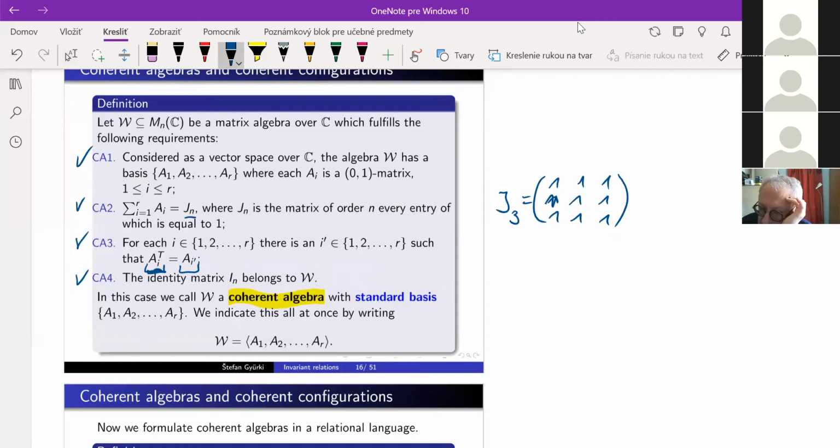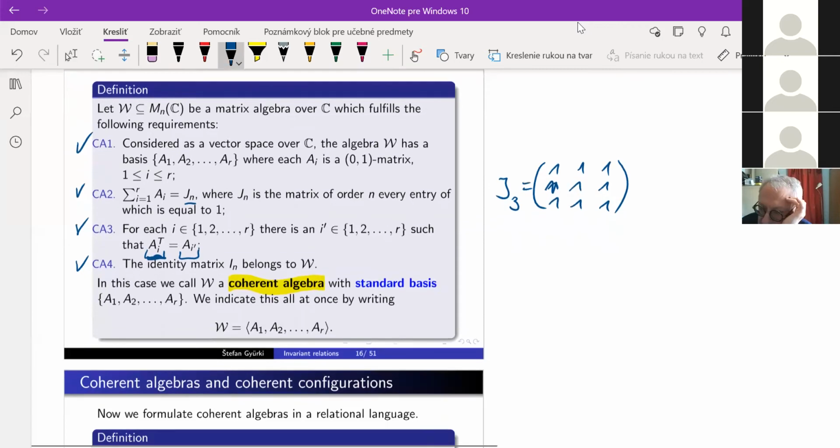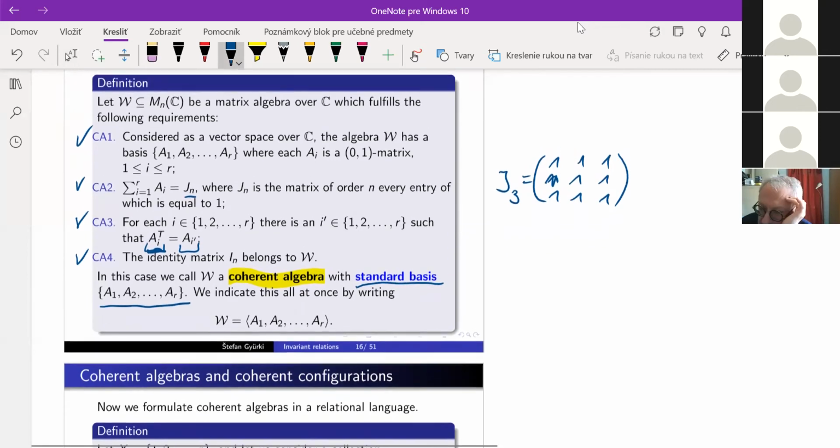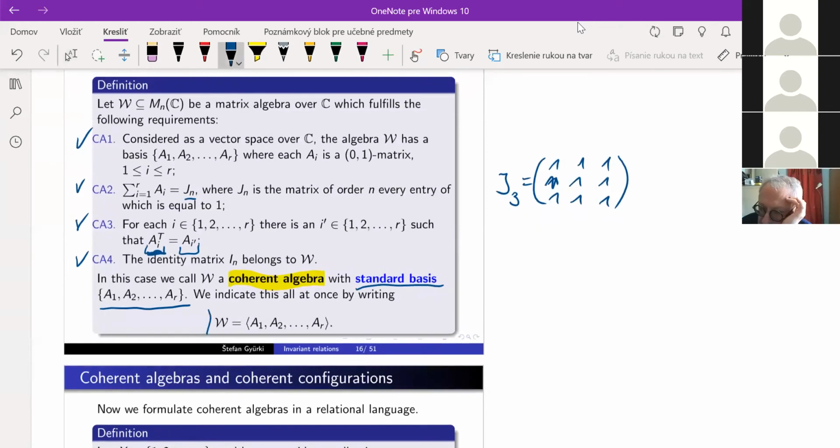And the fourth requirement is that the identity matrix should belong to this algebra. If all these requirements are fine, then we are speaking about a coherent algebra with standard basis consisting of matrices A1, A2, A3, and so on. And similarly, we can write that the matrix algebra W is generated by matrices A1, A2, and so on, up to AR.